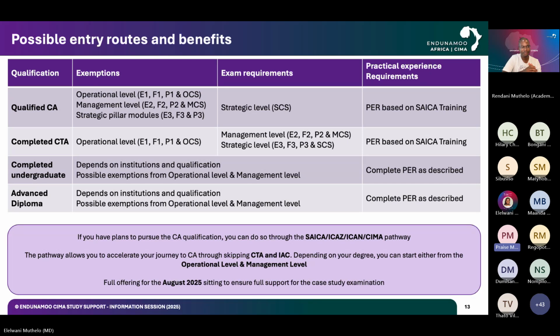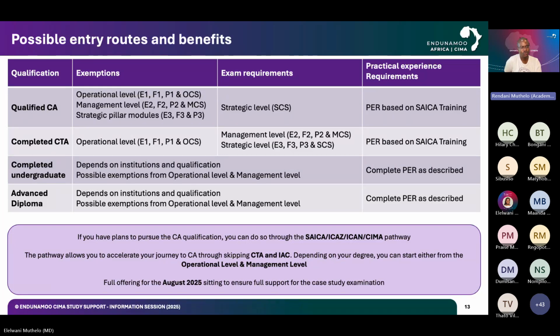So if, for example, I would like the November or the February sitting, when do I need to register for support, and also from the CIMA website? Okay, yes. From a timing perspective, you can do the CIMA process first, so that you get that out of the way and they load your exemptions on the system.